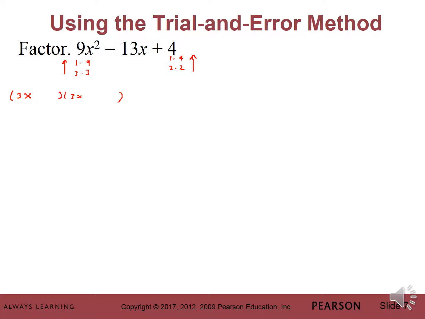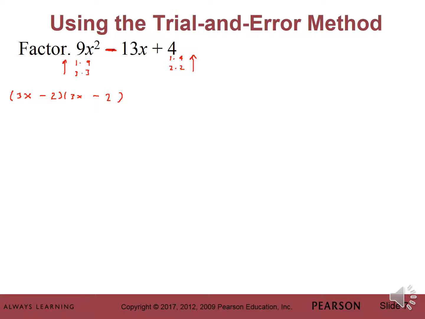Well, if we start at the bottom, go up, 2 and a 2, the signs, of course, will have to be both negative in order to create a negative coefficient of x and positive 4 that we need.